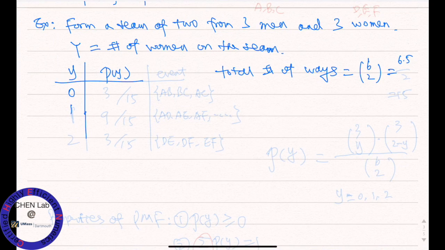Is 6 times 5, you start with 6, you multiply 2 numbers, divided by 2 factorial, you're going to get 15, right? So we know all these probabilities are out of 15.